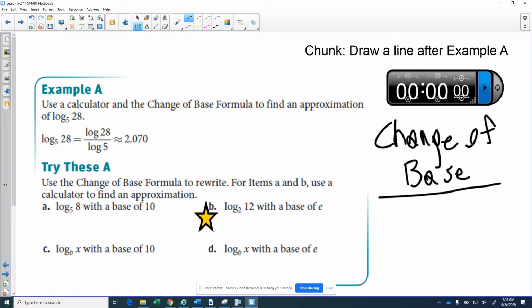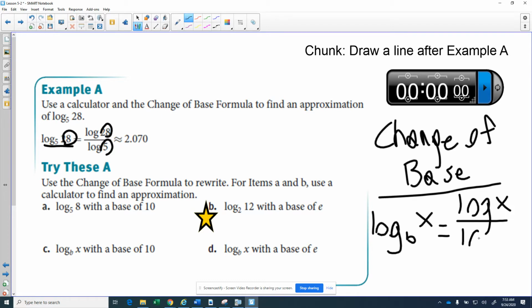Notice how over here we took the log base 5 of 28, and we put the outside number on top, and the base goes on bottom. So if I have log base b of x, and I'm going to use the change of base, I'm going to write log of x on top, log of b on bottom.